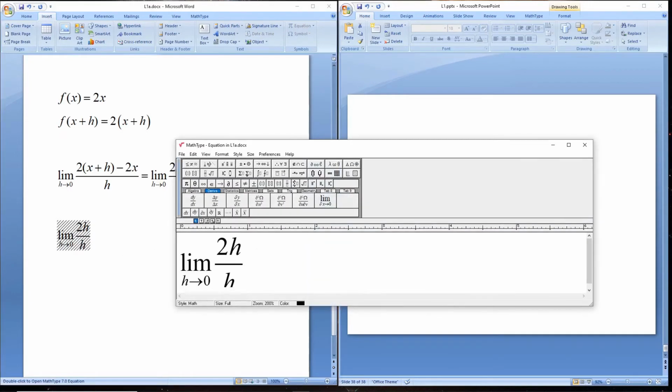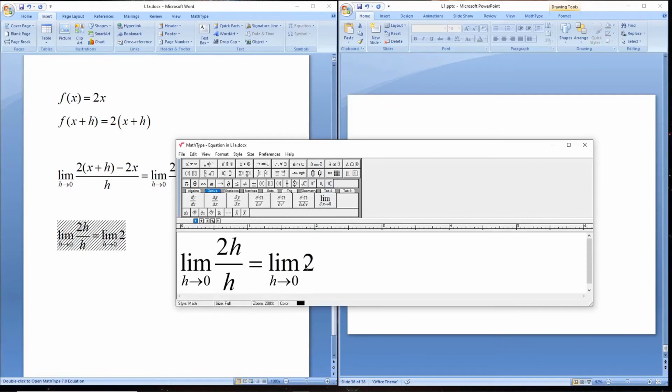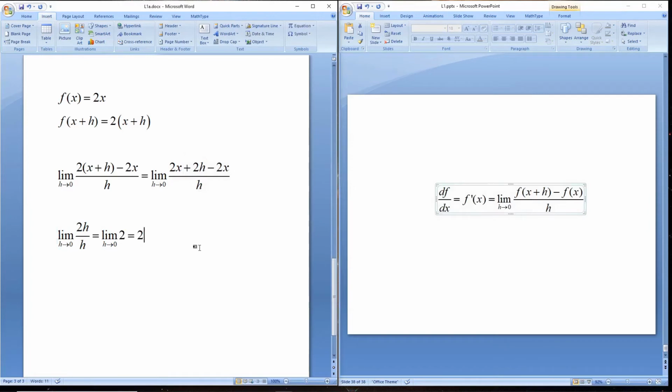And then those h's will divide out. And the limit of a constant, and there's our 2. The slope you already expected.